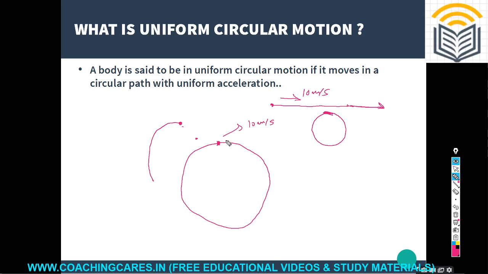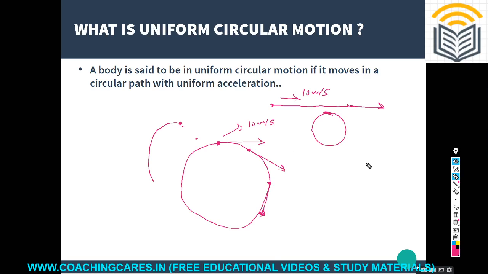The direction of this velocity will be tangent to this circle, like this. At this point, the tangent will be the direction, and at this point also the tangent is the direction of the velocity of the body.